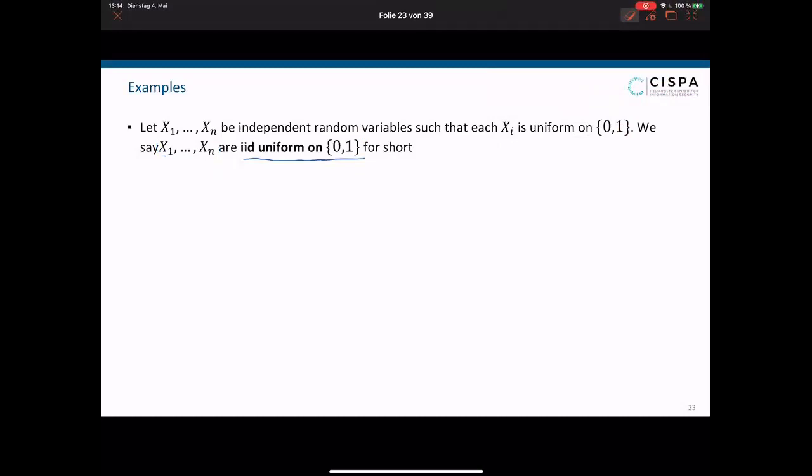X1 to xn are IID uniform on {0,1}, meaning they all have the same distribution but are independent. It's like if you toss a coin 20 times, then you will have 20 uniformly random outcomes which are independent, given that you didn't somehow correlate your coin tosses.